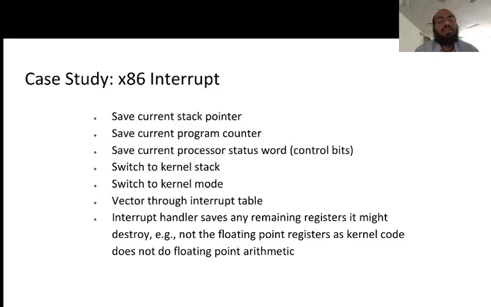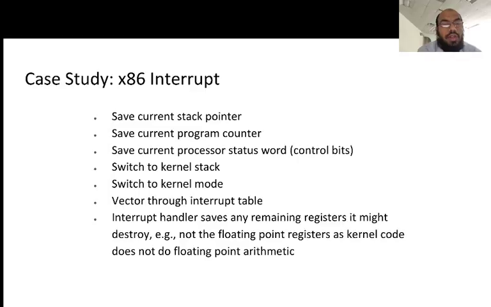This is a case study of how x86 interrupts work. You basically save the current stack pointer, the current program counter, and the current processor status word, which is basically the control bits, everything that is related to the processor. This is very x86 specific. x86 is basically the architecture of your Intel and AMD processors that run on most computers, but not on mobile phones.